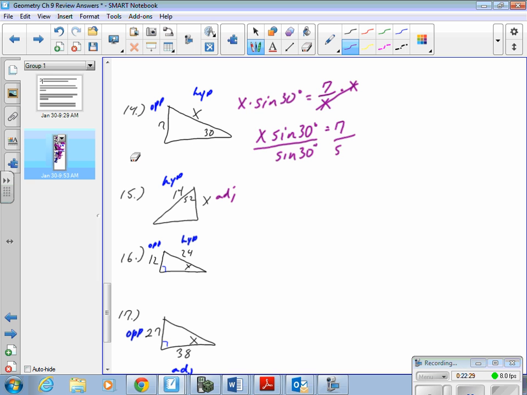So divide both sides by the sine of 30 degrees. And so x is going to equal 7 divided by the sine of 30, which is 14. So that's our x value.